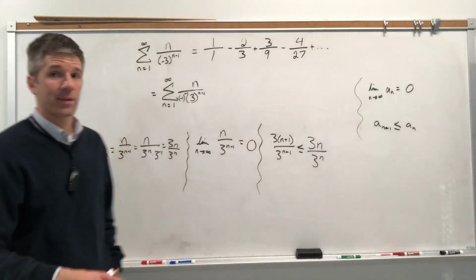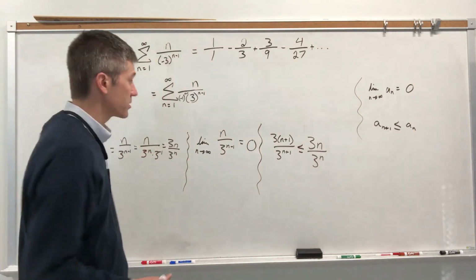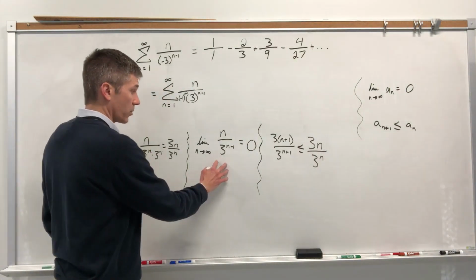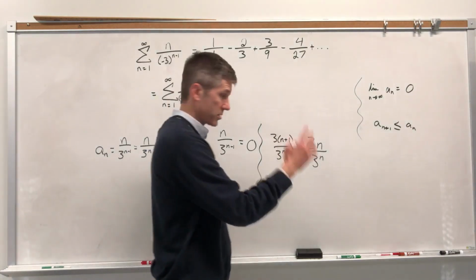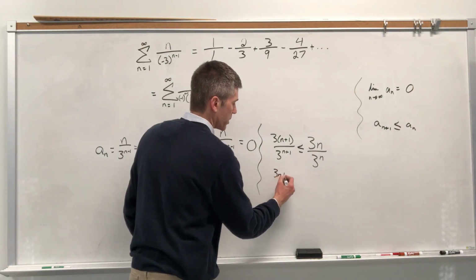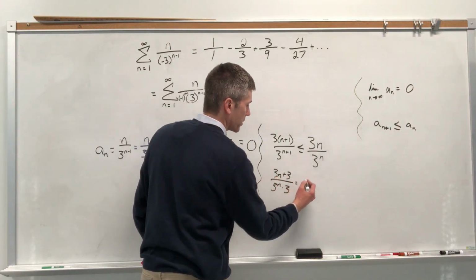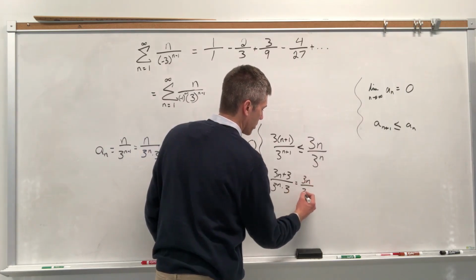If it's false, then we'll say, nope, doesn't converge. If it does, we'll say this alternating series converges because we have met criteria number 1 and then potentially criteria number 2. So let's keep moving. 3n plus 3 numerator, 3 denominator, 3n over 3 to the n.